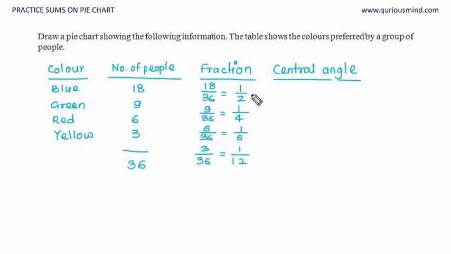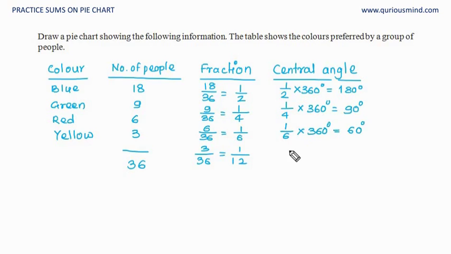Now we will multiply these fractions by 360, which is the complete angle, to get the central angle. So the central angles are 180 degrees, 90 degrees, 60 degrees and 30 degrees.